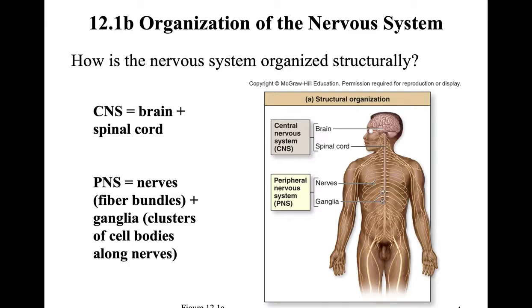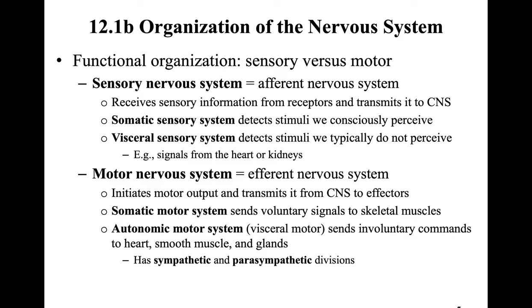Okay, next slide. Now this slide mentions something at the very top. So this slide number 5 for us, it says sensory nervous system, and then it says afferent. Now earlier I told you that sensory is input. Well, that input is considered afferent.